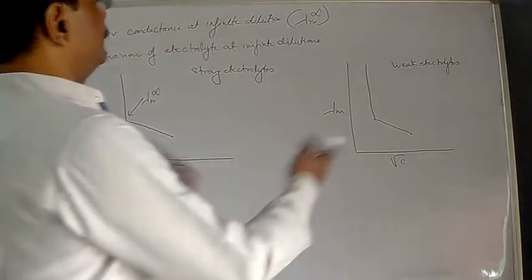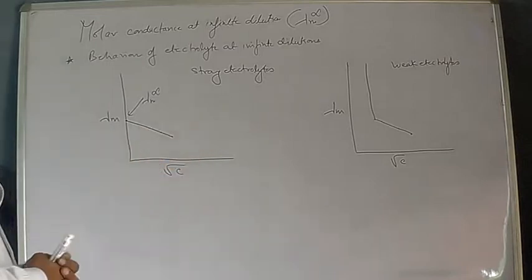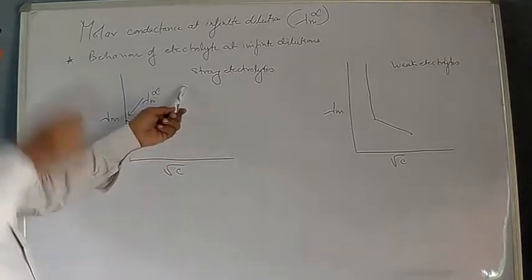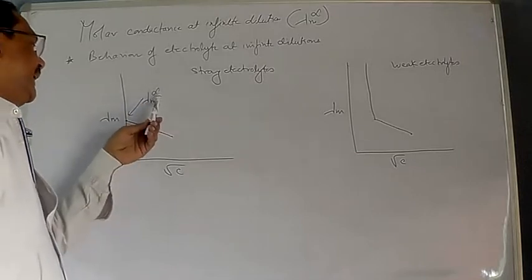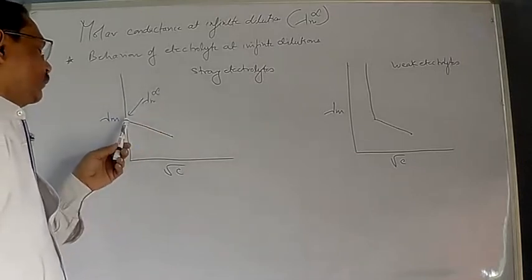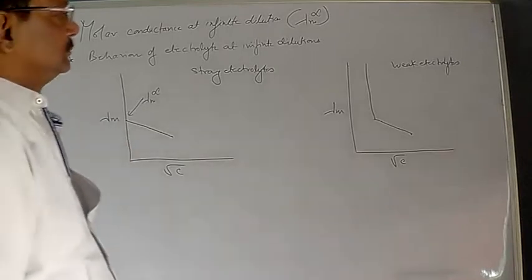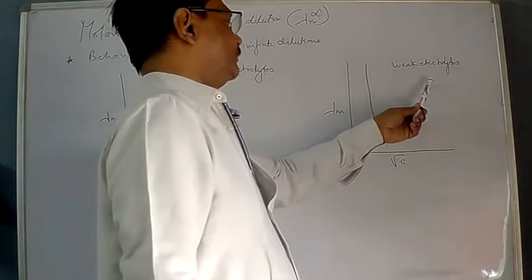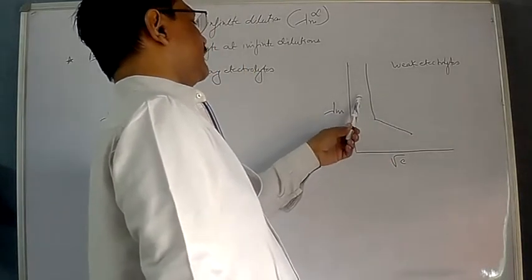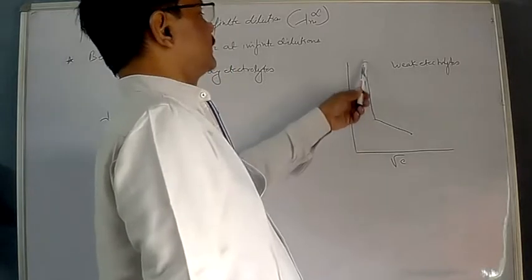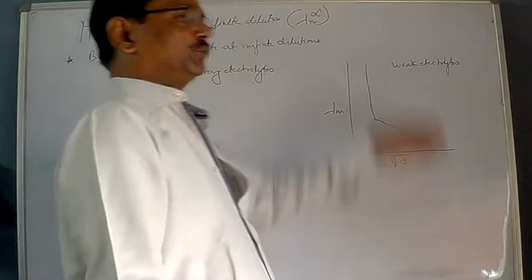Now class, why are we studying both these graphs? The application is that in the case of a strong electrolyte, the molar conductance at infinite dilution can be calculated easily with the graph. But in the case of a weak electrolyte, the curve rises sharply and becomes almost parallel to the y-axis, so the curve cannot be extrapolated, because the two lines are running parallel to each other and are going to meet at infinity.